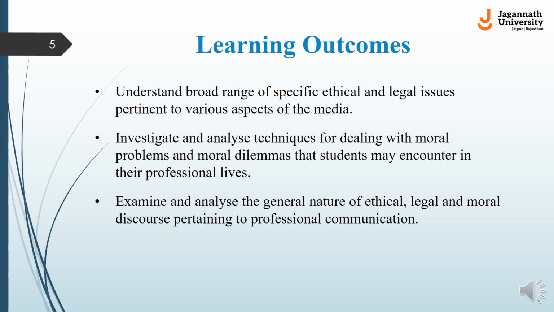Here we'll be discussing the Press Council of India, Prasar Bharati Act, Cable Television Regulation Act, TRAI, Telecom Regulatory Authority of India, Cinematography Act, Information Technology Act, Convergence Bill, Copyright Act, and Main Features of Press and Registration of Books Act. These are the major acts that we will be discussing.